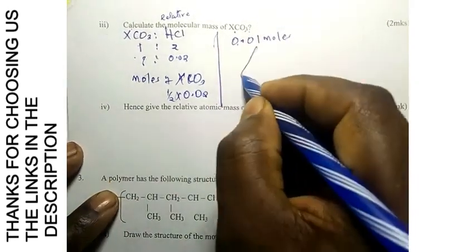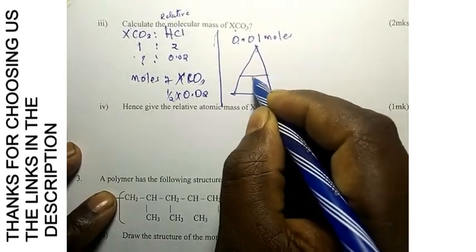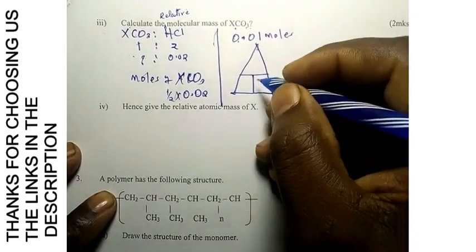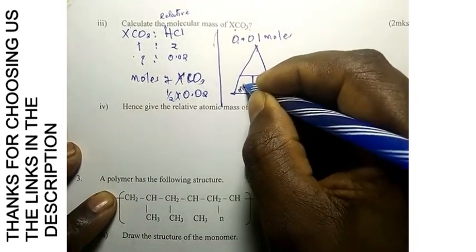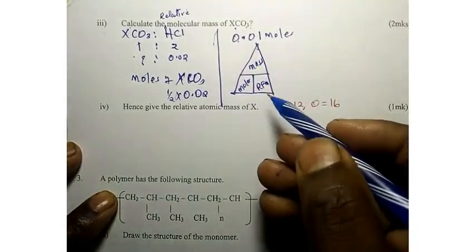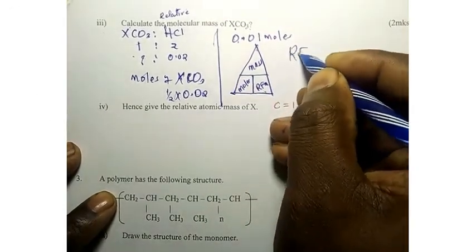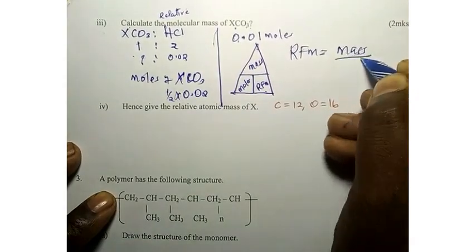Remember the first triangle in the topic moles, the concept mole, we have the RFM, moles, mass. How do you calculate RFM? RFM is equal to mass divided by moles.